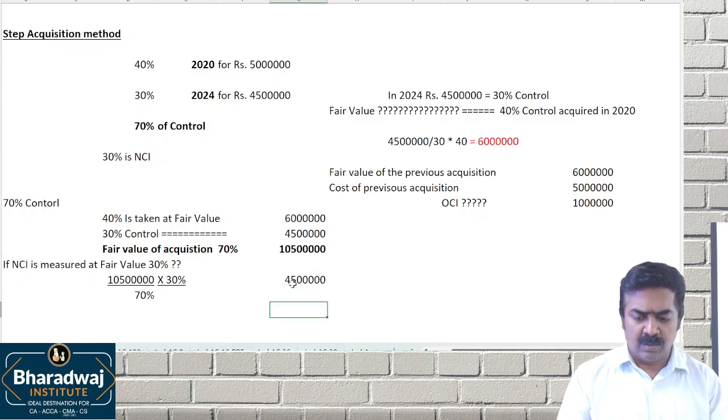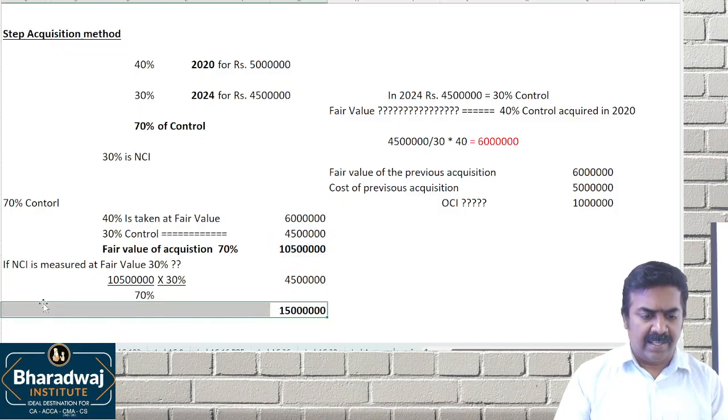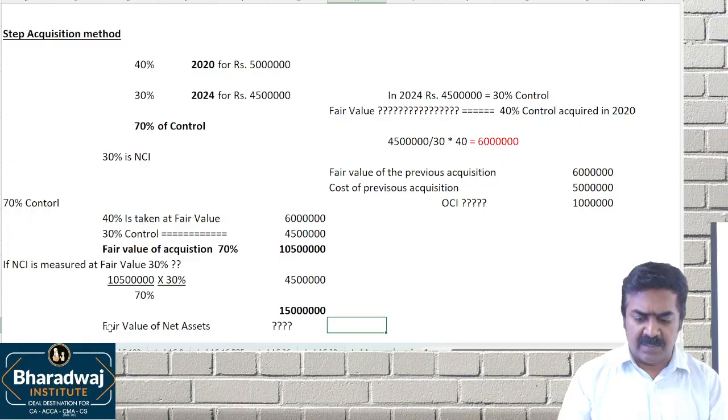So what is the total? 105 plus 45. This will be the total against which we will compare the fair value of net assets. The difference, based on this, we will decide goodwill or gain on bargain purchase.